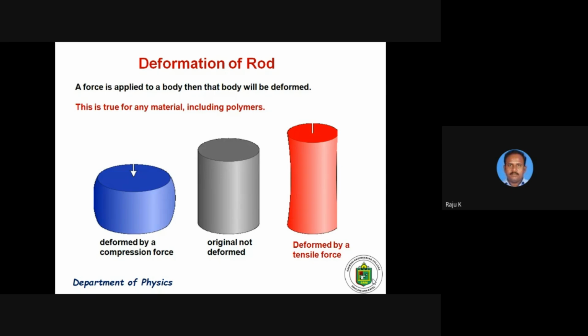The deformation will take place when a force is applied on it. The dimensional change that takes place in the body may be along the length, or a change in the volume of the object without a change in its size and shape, or the deformation may take place in the shape of the object without changing its volume.